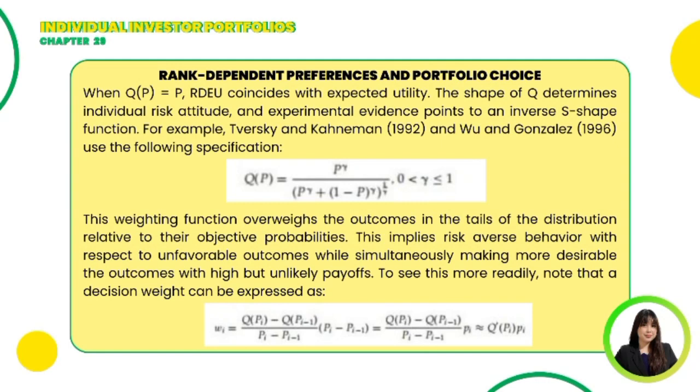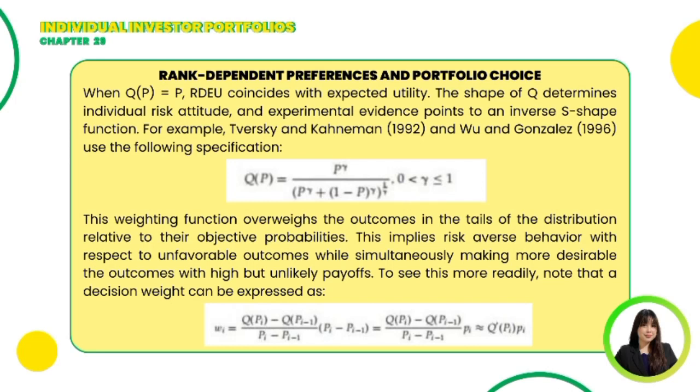The shape of q determines individual risk attitude, and experimental evidence points to an inverse S-shape in this function. For example, Tversky and Kahneman 1992 and Wu and Gonzalez 1996 used the following specification. This weighting function overweights the outcomes in the tails of the distribution relative to their objective probabilities. This implies risk-averse behavior with respect to unfavorable outcomes, while simultaneously making more desirable the outcomes with high but unlikely payoffs.